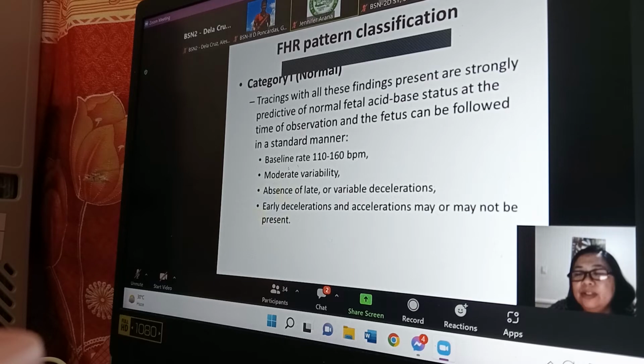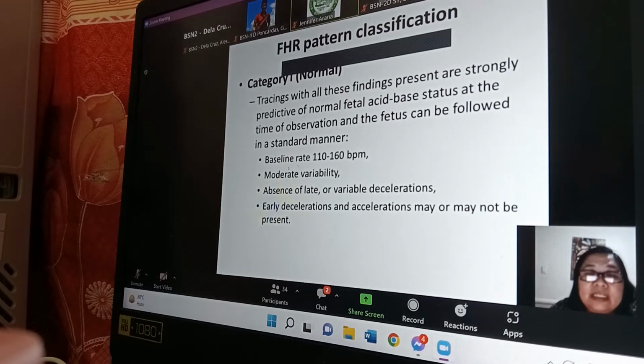Okay, so let us now go to the fetal heart rate pattern classification. Category 1 na fetal heart rate pattern is considered as normal. So what is the description? The tracings with all these findings present are strongly predictive of normal fetal acid-base status at the time of observation, and the fetus can be followed in a standard manner.